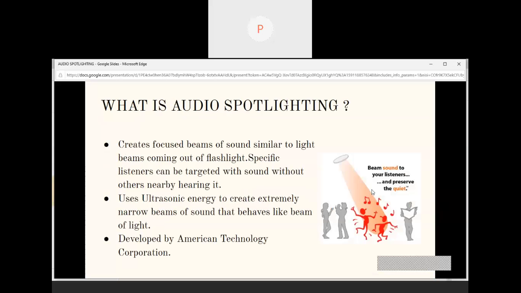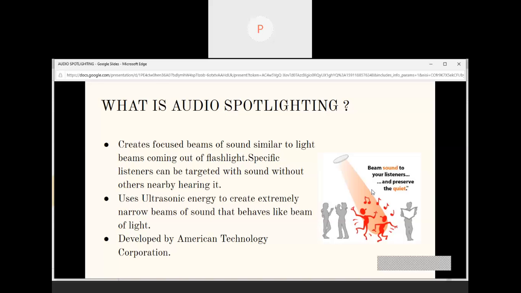How is this highly directional beam of sound created? Audio spotlight exploits the property of non-linearity of air and uses ultrasonic energy to focus the sound wave. The ultrasonic sound waves are actually broken down into lower frequency, that is, audible sound waves. So these ultrasound waves can travel along a narrow path.